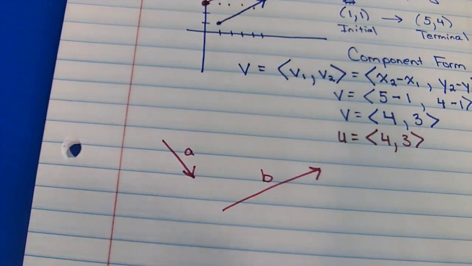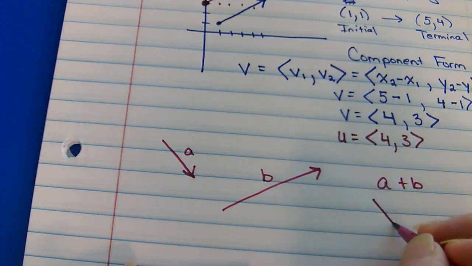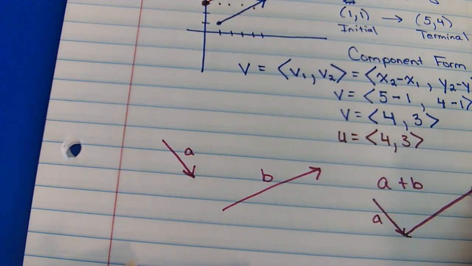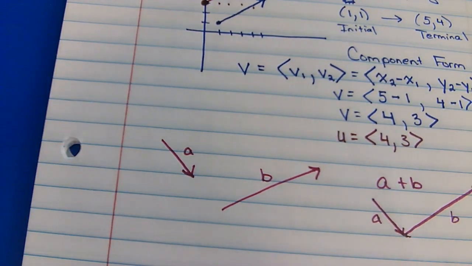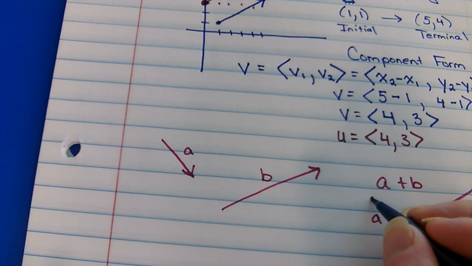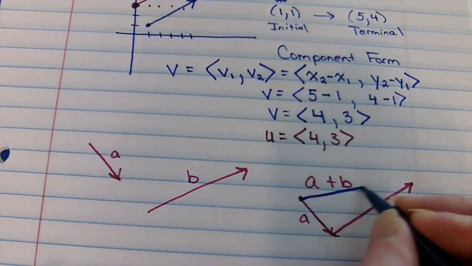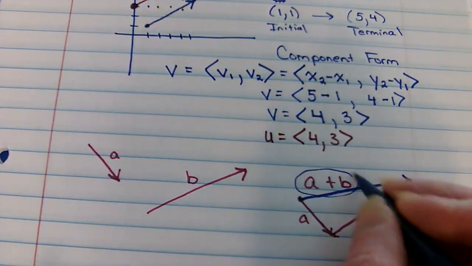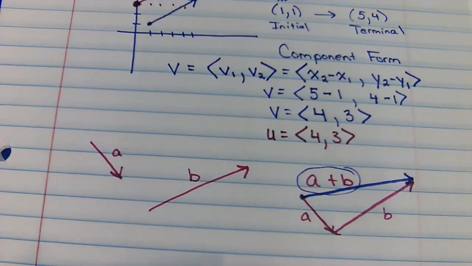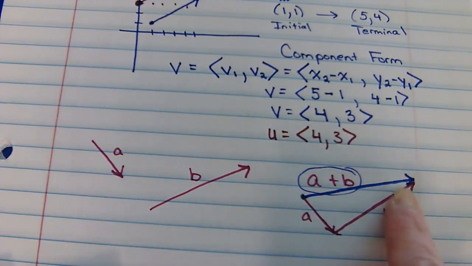If I wanted to take A plus B, I would take A tip to tail with B. And this resulting vector is going from where we started at the very beginning, so it goes through A, then all the way through B. This vector here would be A plus B. And then I could count how far I went horizontally and up.